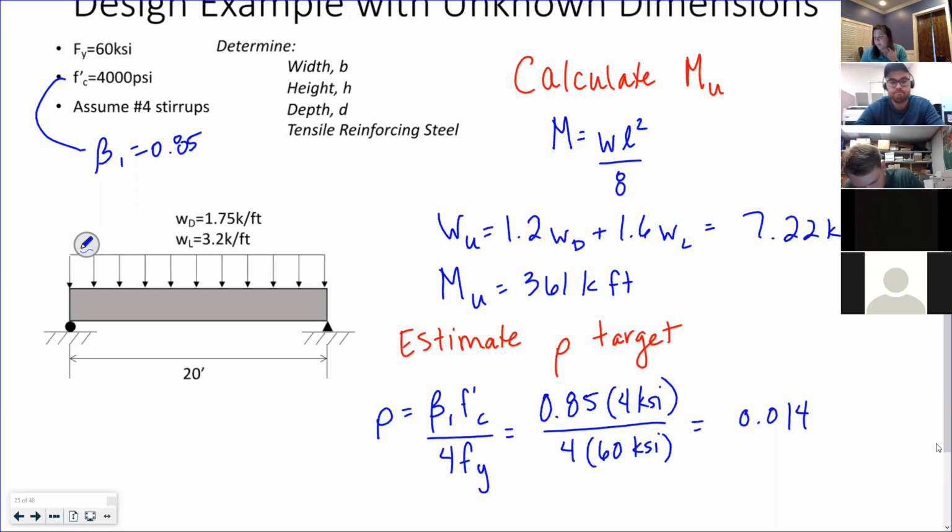So this is about what we want to have for our reinforcement ratio, right?